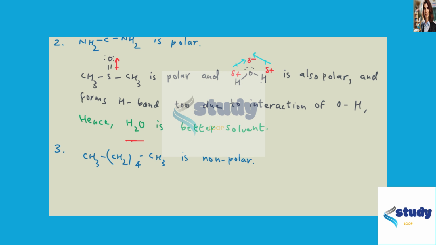Now, CCl4, I told you before in the first part that CCl4 is non-polar because it is a symmetrical molecule, and being equal and opposite, all the dipole moments cancel out each other, right? So CCl4 is non-polar, and H2O, as I told you earlier, is polar.